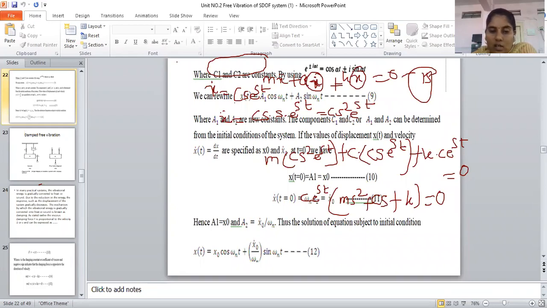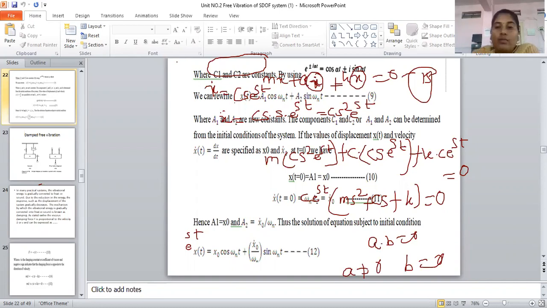So from equation number 19, c into e raised to st into (ms square plus cs plus k) equal to 0, means a into b is equal to 0. If a is not equal to 0, then b is equal to 0.